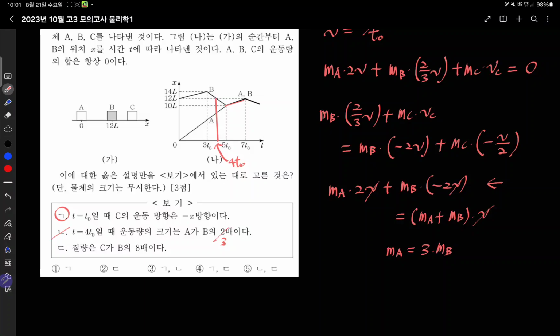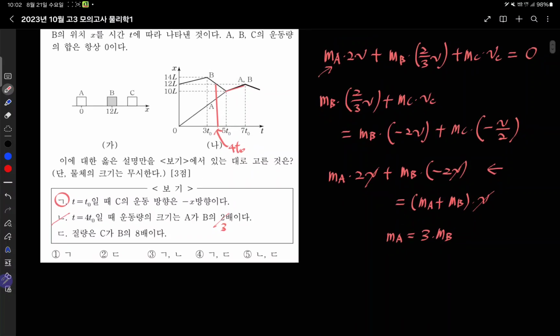So we can change the mass of A to 3 times mass of B in the first equation. So that makes 6 times mB times V plus mB times 2/3 of V plus mC times Vc equal to 0.